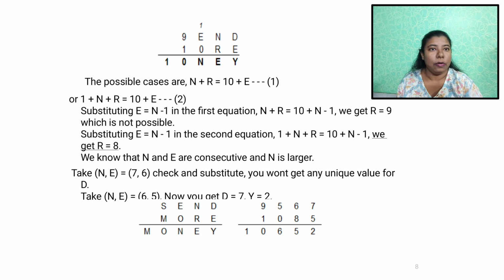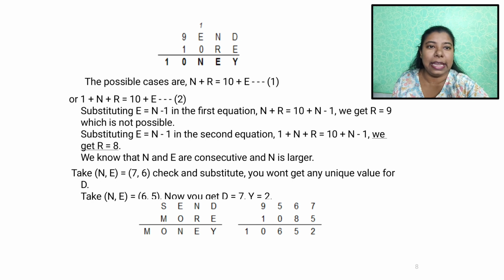Now finally what we get is S equals 9, M equals 1, E equals 5, O equals 0, N equals 6, R equals 8, D equals 7 and Y equals 2. The addition of all these numbers works the same as with the alphabets.